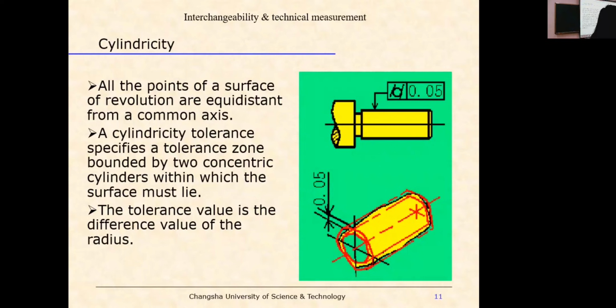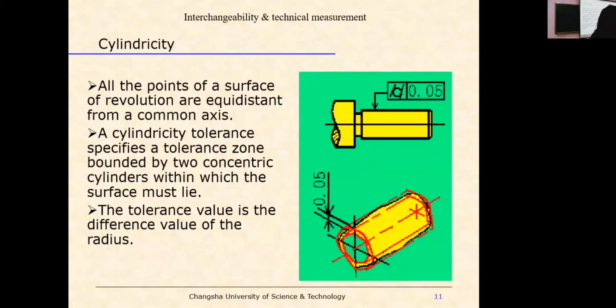This is the cylindrical geometry. So like this is the real cylinder. We use a theoretical geometry to contain the real geometry. So the radius is 0.05. All the points of the surface of the revolution are equidistant from a common axis.